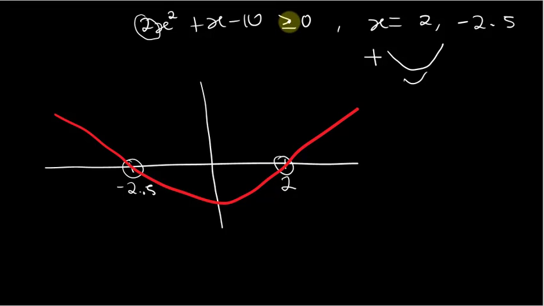And once again, because the inequality sign in the quadratic inequality is greater than or equal to, it means that we shade the part of the curve which is above the x-axis. So we are going to have this. We are shading this part because this is above the x-axis.